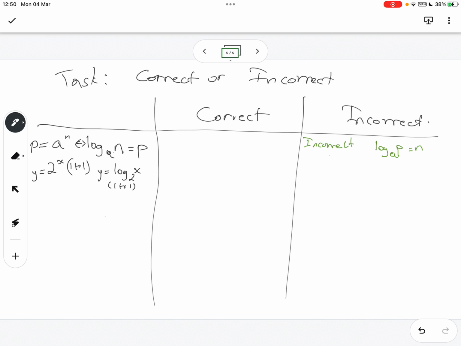That makes sense if you're putting it in graph form. It makes sense for it to be like that. In my opinion, all exponential graphs and their inverses are one-to-one. Yes, it does make sense for a graph and its inverse to be one-to-one.